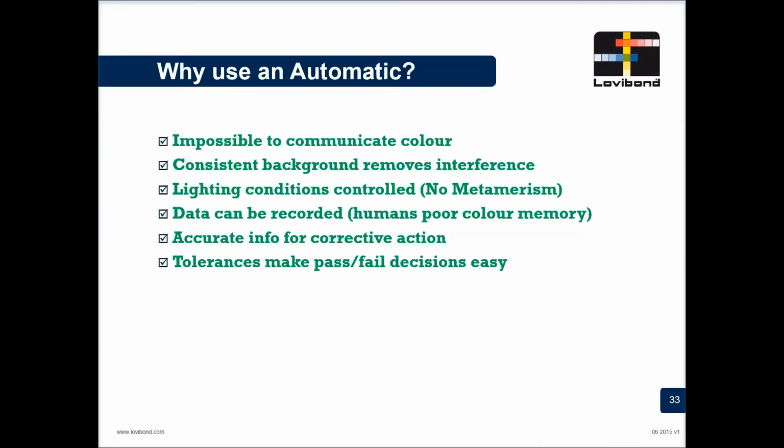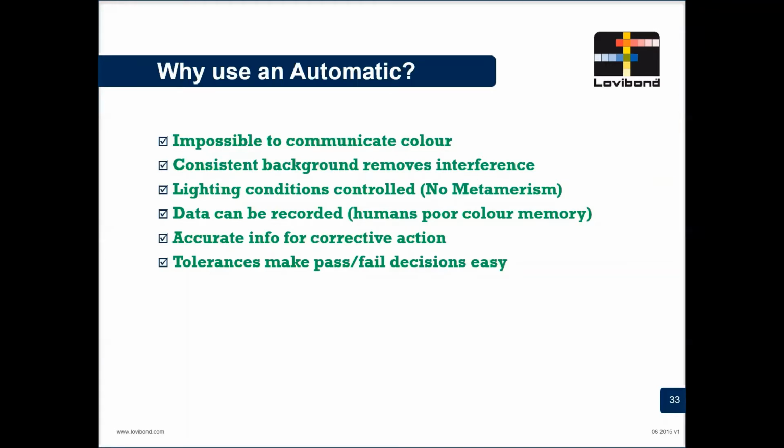So let's look at how this compares to what an automatic or an electronic instrument can do. Some of the things that we considered for the visual instrument: we need some sort of instrumentation to communicate the color. Again, we have a light source and controlled lighting conditions to remove the background effect from our color measurement.